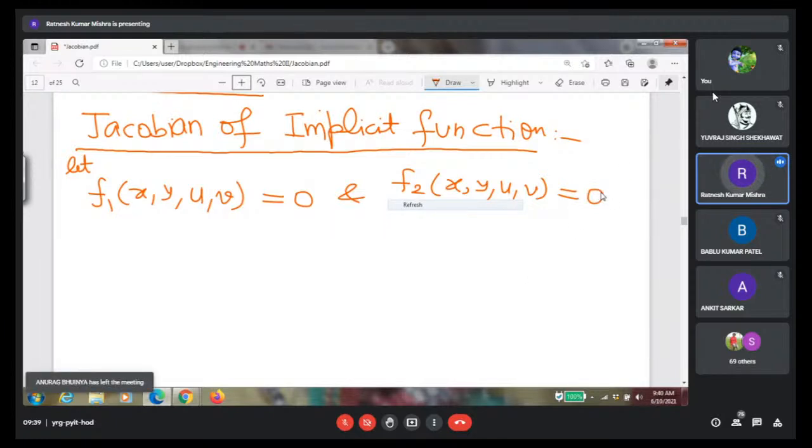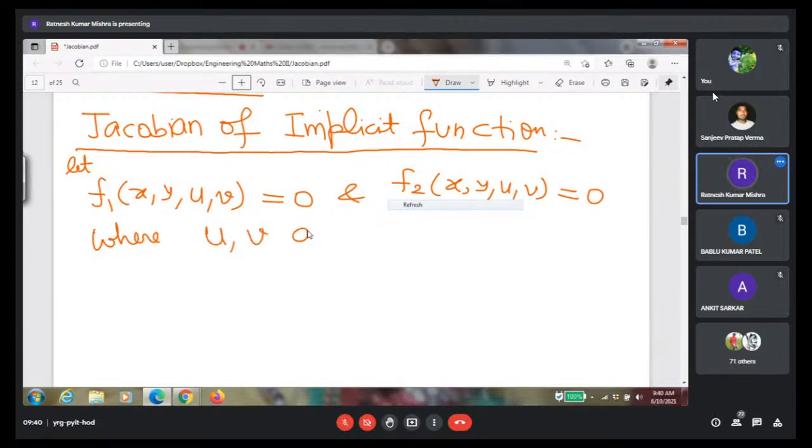So now here u and v are the implicit functions of x and y, where u and v are implicit functions of x and y.